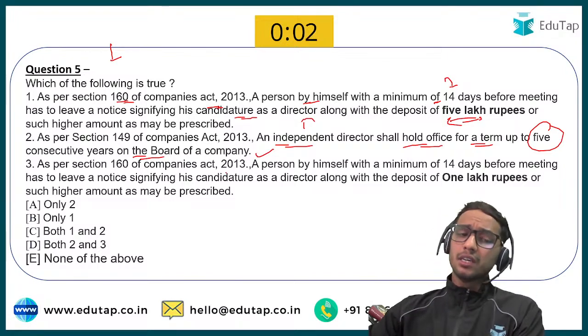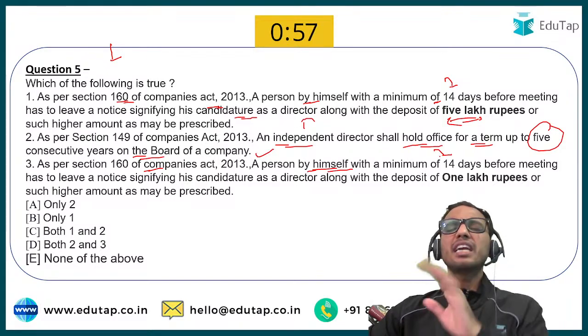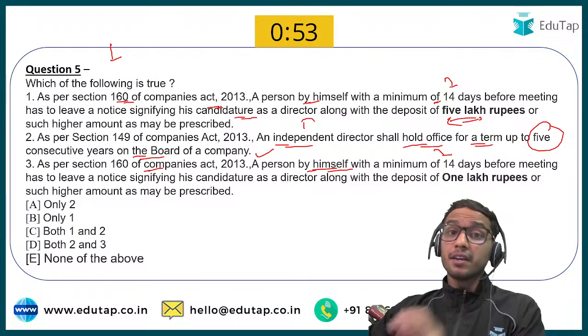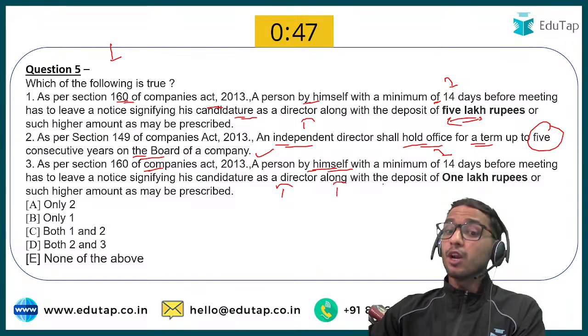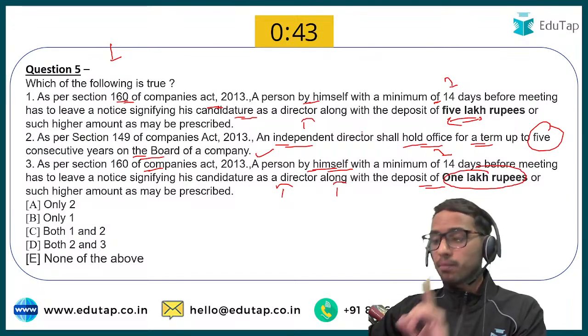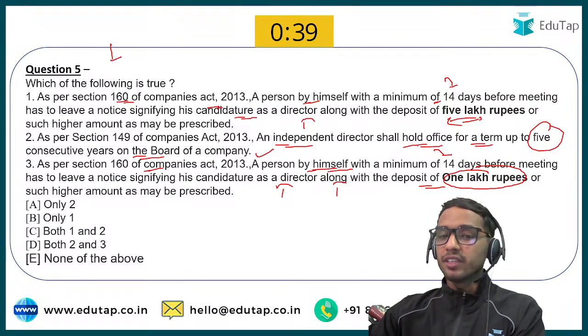Let's read out the third statement as well. Again, as per section 160, a person by himself, a minimum of 14 days before the meeting in which his candidature is going to be decided, should leave a notice signifying his candidature as a director along with a deposit of 1 lakh rupees or more. See, statement number 1 and statement number 3 are almost the same, with the only difference being the amount.